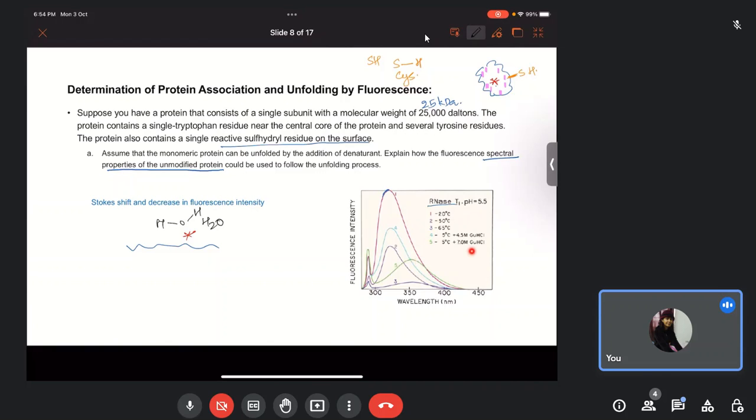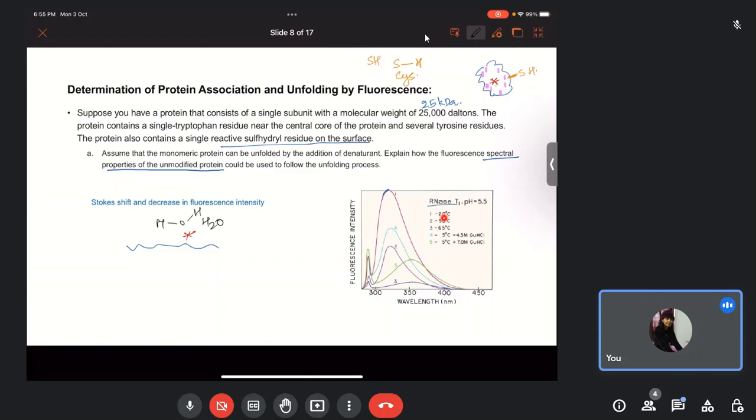But when you come to 7 molar guanidine hydrochloride, you can see that the peak has had a Stokes shift along with a strong diminution in the fluorescence intensity.